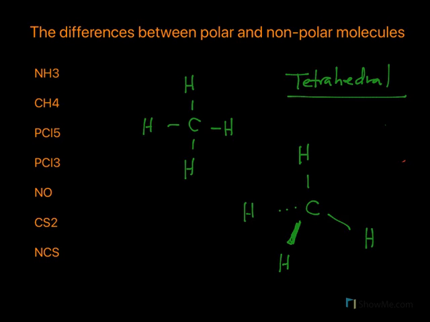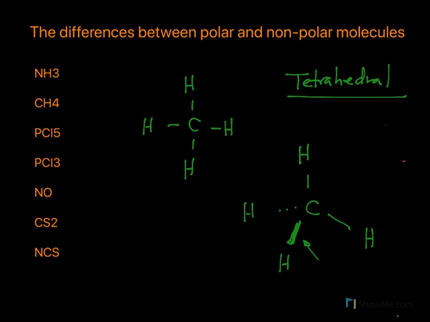Okay, so these bonds are in the plane of the screen. The dashed line bonds are away from the screen, and the wedged is perpendicular to the screen and towards you.